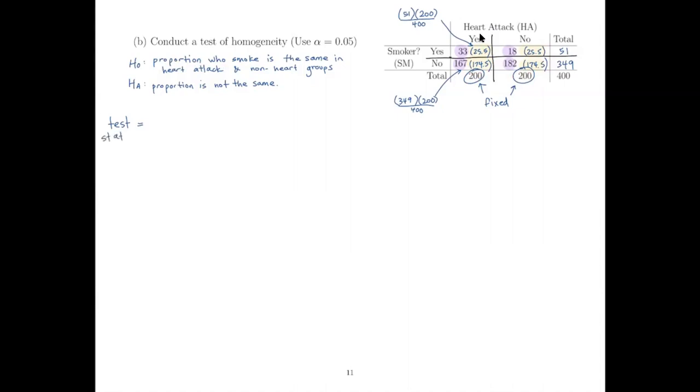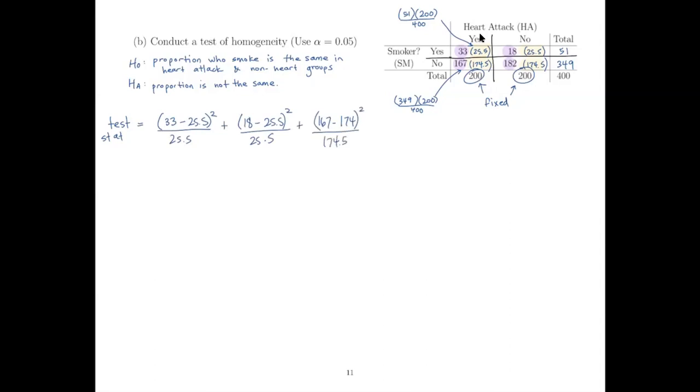So it's our observed. Let's start with the first box. 33 minus our expected, 25.5 squared, divided by 25.5 plus the next box. Let's go over to the right. So we've got 18 minus 25.5 squared divided by 25.5 plus 167 minus 174.5 squared divided by 174.5.